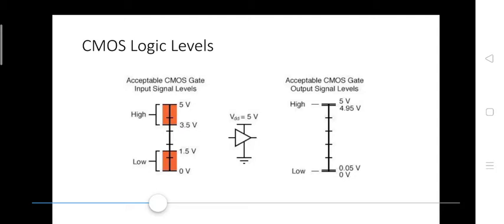Any signal whose voltage lies between 0 volt to 1.5 volt will be considered as a low logic level. Any signal between 3.5 volt to 5 volt will be considered as a high logic level. This is applicable for input signals. For output signal, 0 volt to 0.5 volt will be considered as a low logic level. 4.95 to 5 volt will be considered as a high logic level.